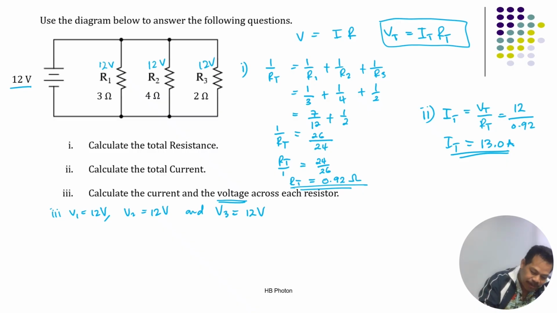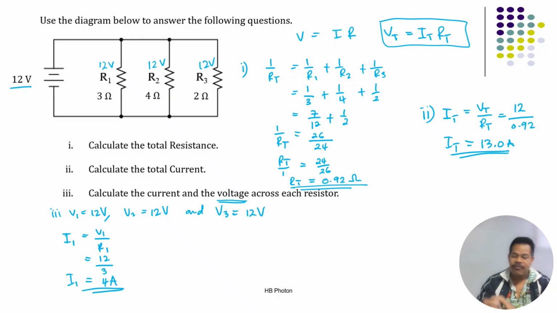I1, which is the current across resistor 1, is equal to V1, the voltage across resistor 1, divided by R1. So what is the voltage across resistor 1? 12 divided by R1 of 3, and I1 is equal to 4 ampere. From the 13 total current, only 4 amperes go through resistor 1.